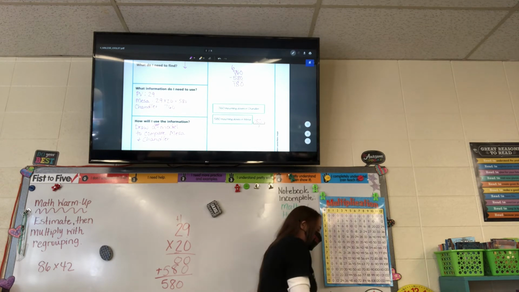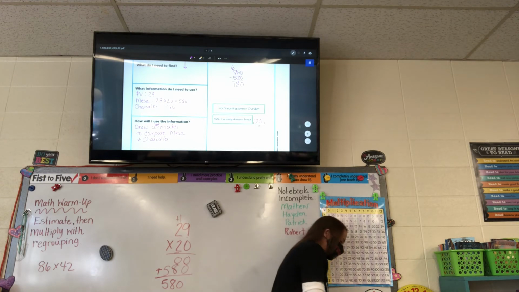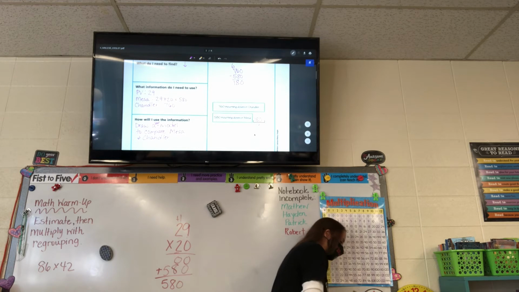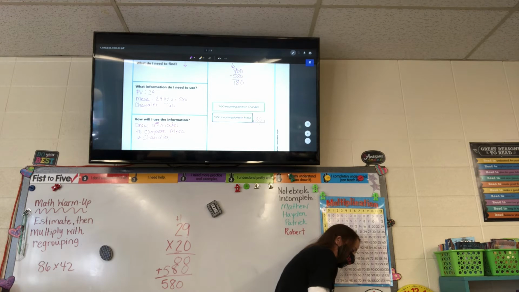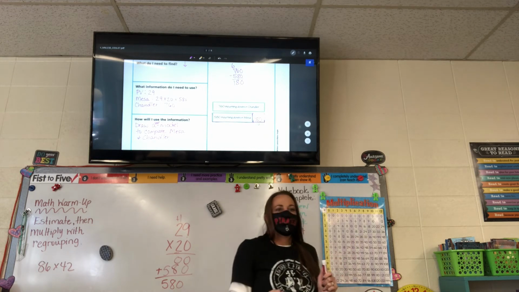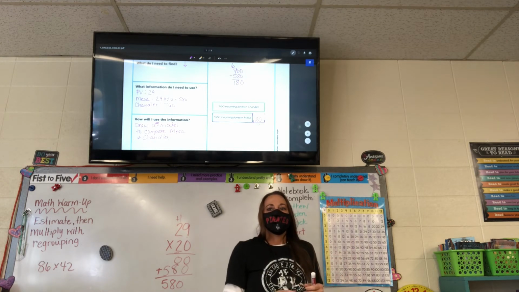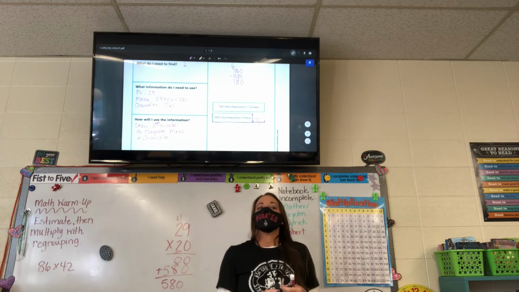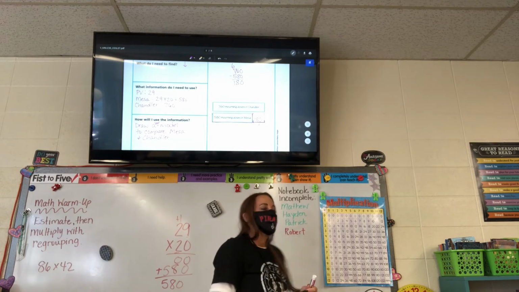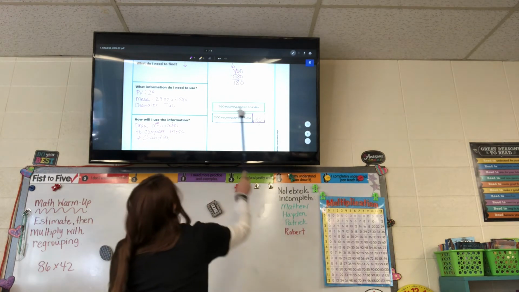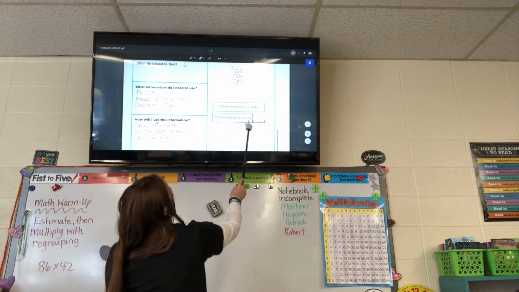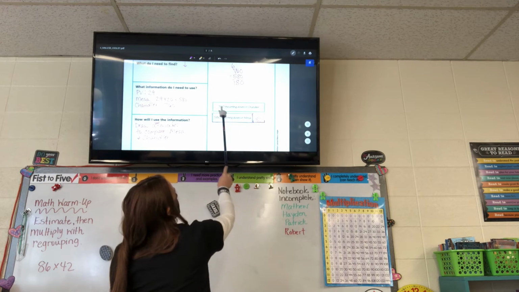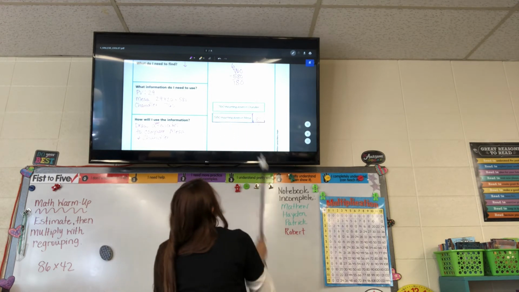We can check this and make sure we didn't make a subtraction error by adding. So if we add 580 and 180, what should it equal? 760, it's right up here. So 580 plus 180 should equal 760, right?